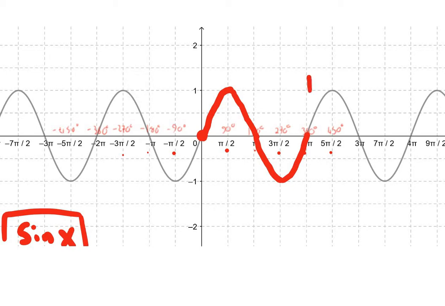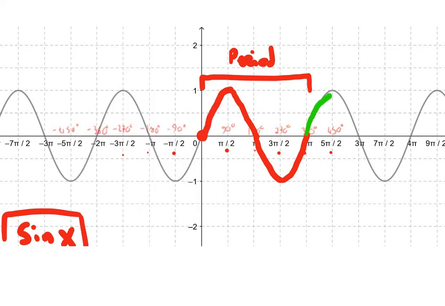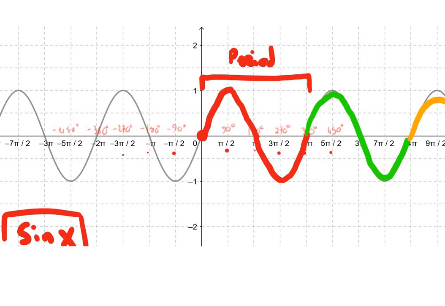So sine of x goes between 0 and 360. We call that its period, because after that it repeats again. There it is, and it repeats again, and so on.